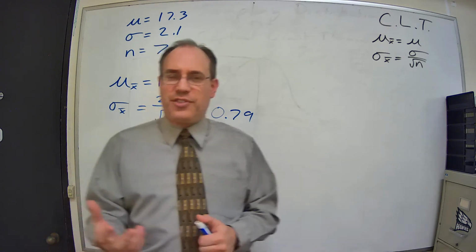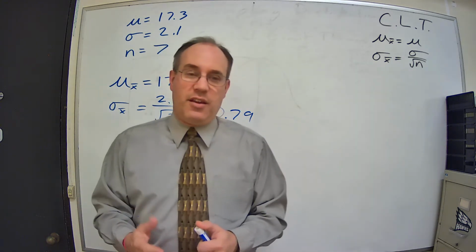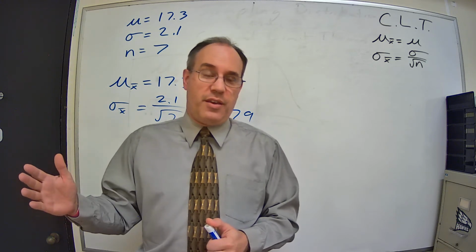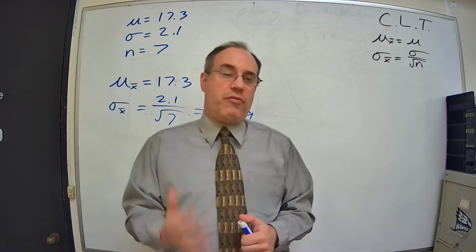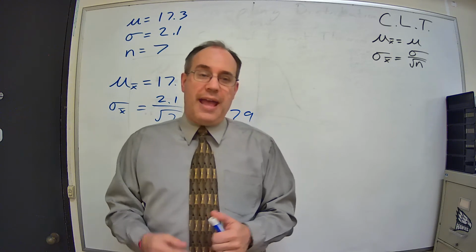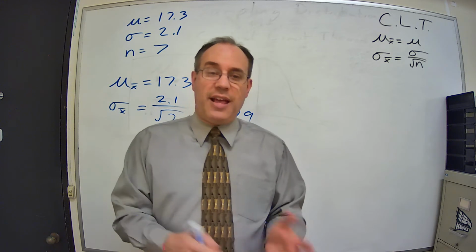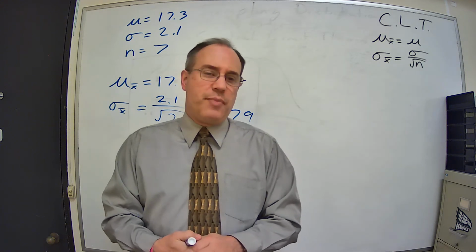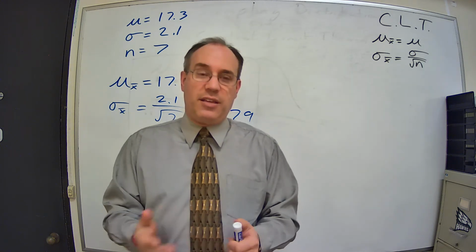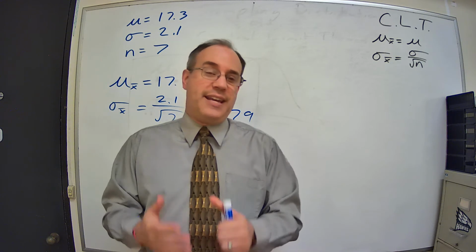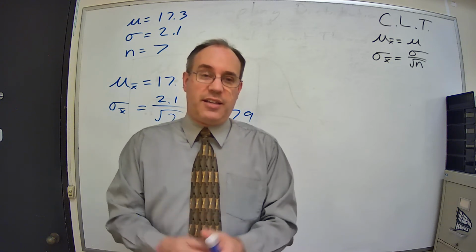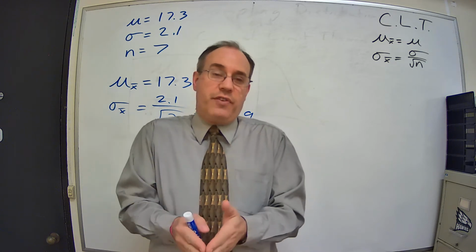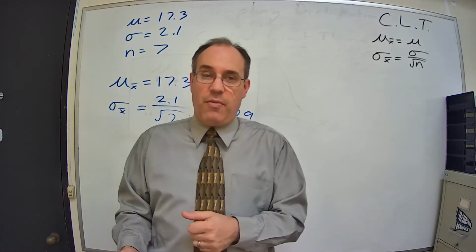Well, now you should start realizing, wait a second, only 2 people in the class are over 6 feet tall. Which means if I take a sample of 5 people, at least 3 of them are going to be less than 6 feet tall, possibly all 5 of them. So doesn't it make sense that it would be less likely that I find an average height over 6 feet tall than that I find an individual with a height over 6 feet tall?